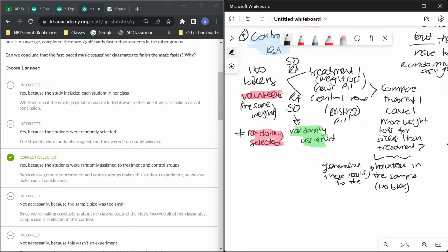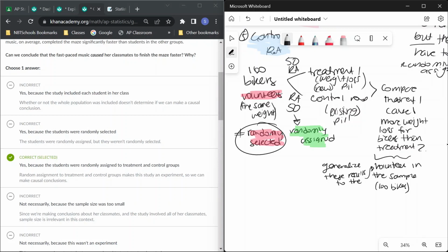We can't say that because they weren't randomly selected. But if they were randomly selected, what would that look like?